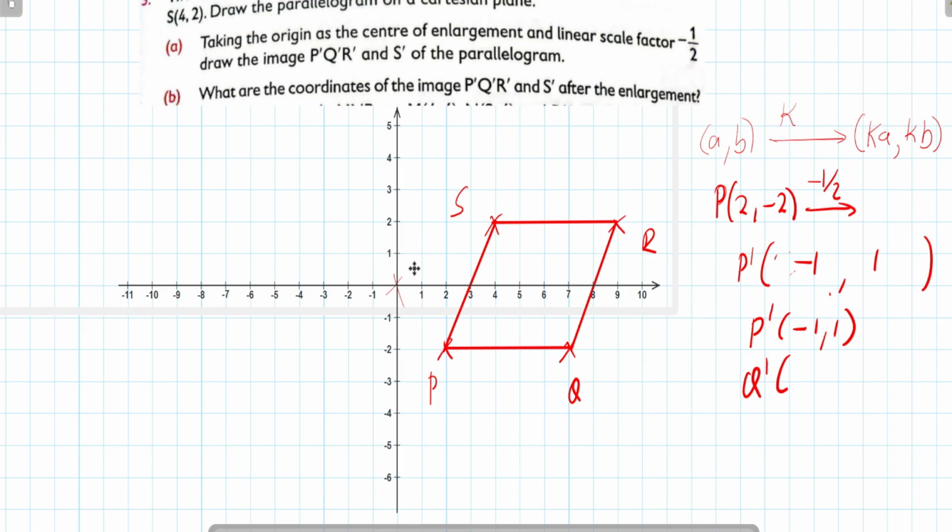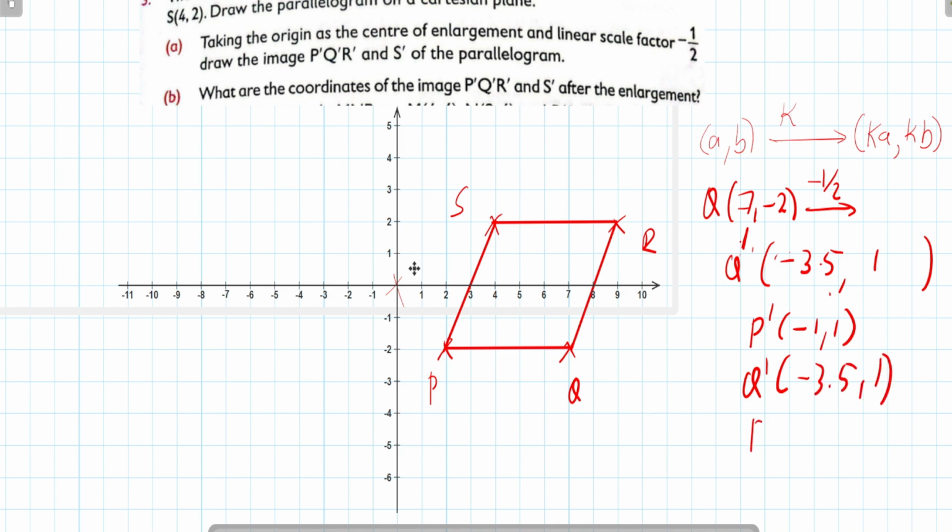Q is (7, -2), so your Q prime is 7 times negative a half, which is negative 7 over 2, which is negative 3.5, and negative 2 times negative a half is 1. So your Q prime is (-3.5, 1).